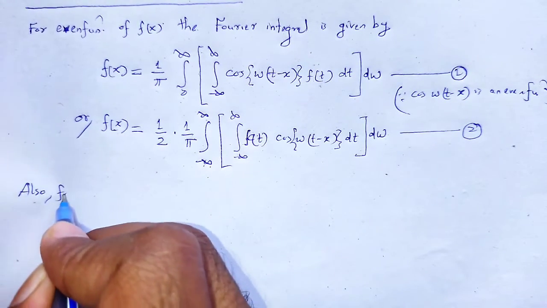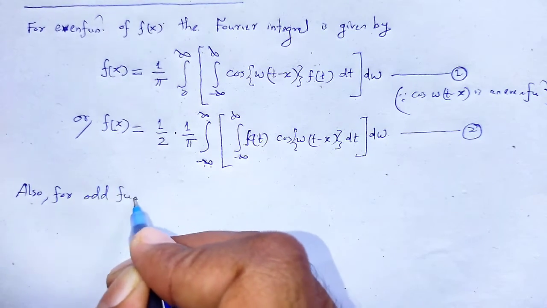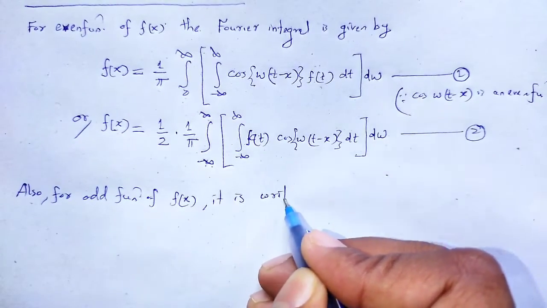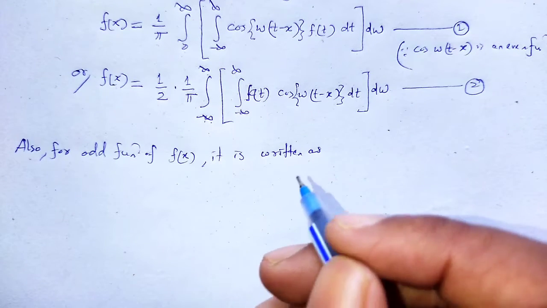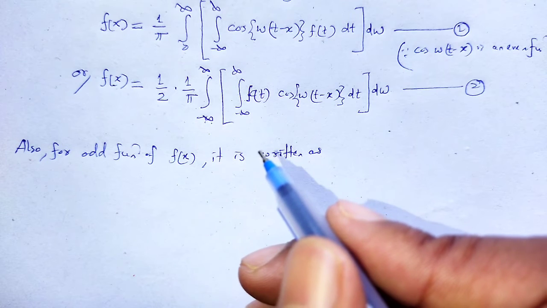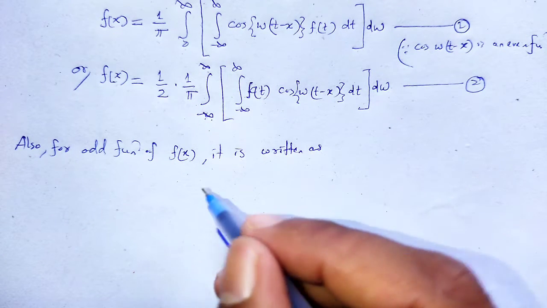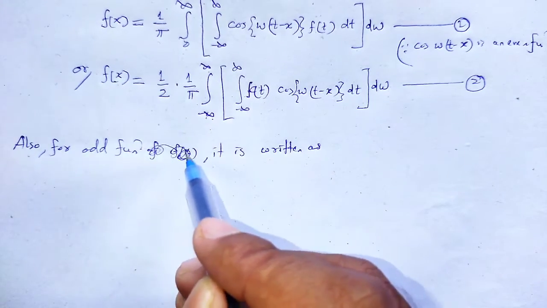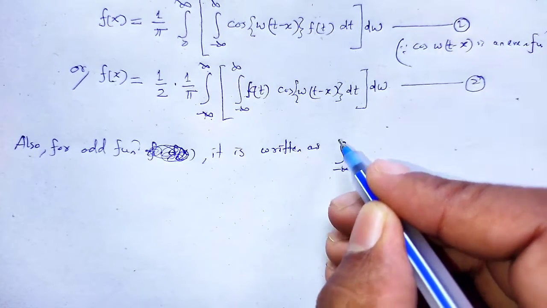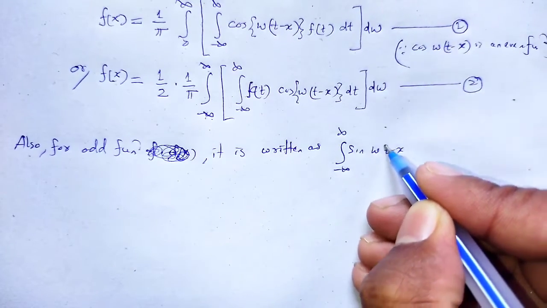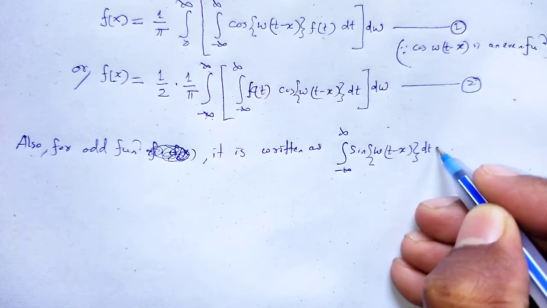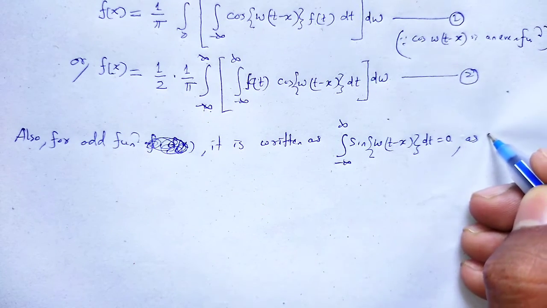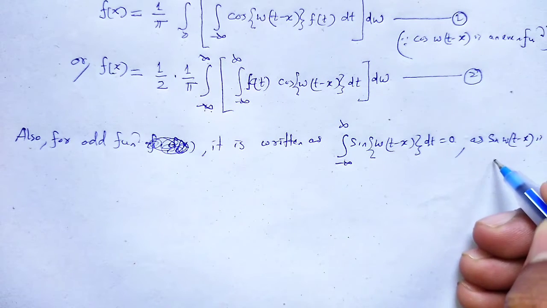Also, for an odd function f of x, generally for an odd function, the integral over the limit minus infinity to plus infinity of sine omega of t minus x dt is equal to 0, as sine omega of t minus x is an odd function.